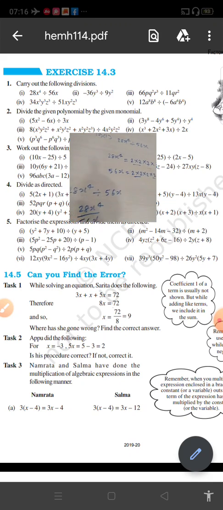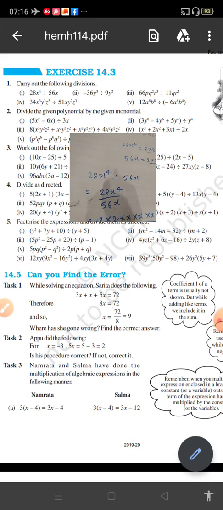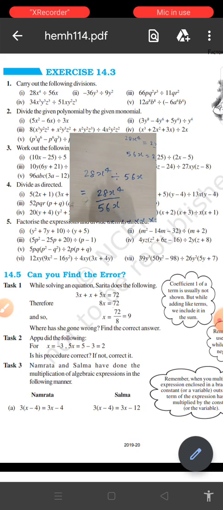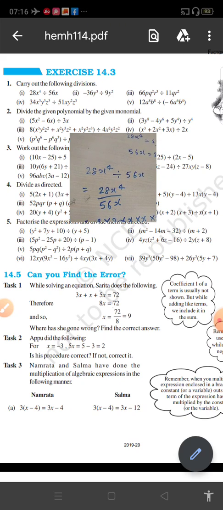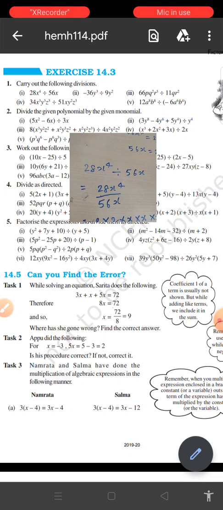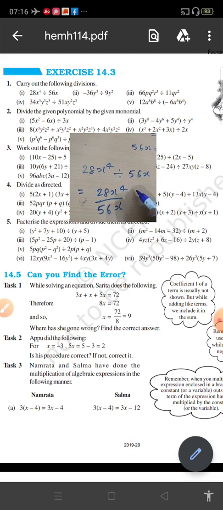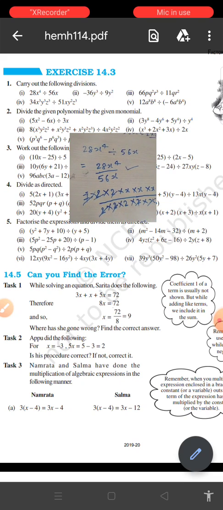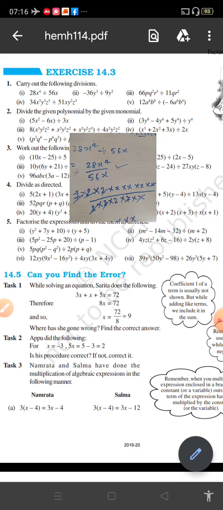Now we write 28x power 4 divided by 56x like this, and after this we write it as a product of irreducible factors.